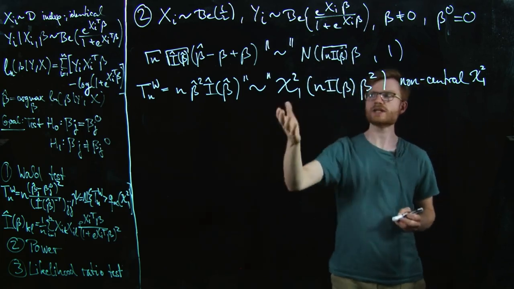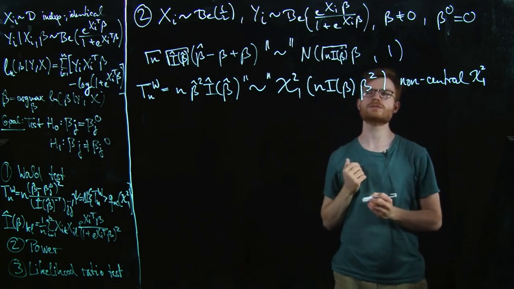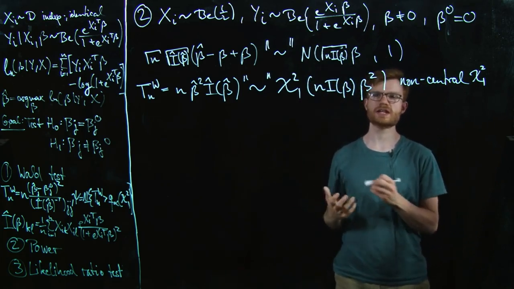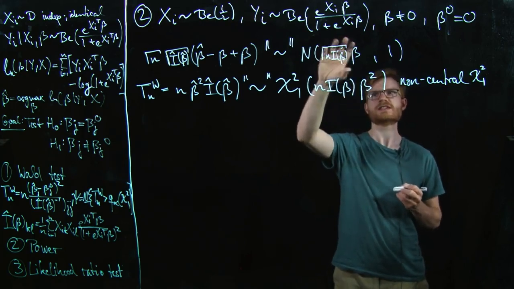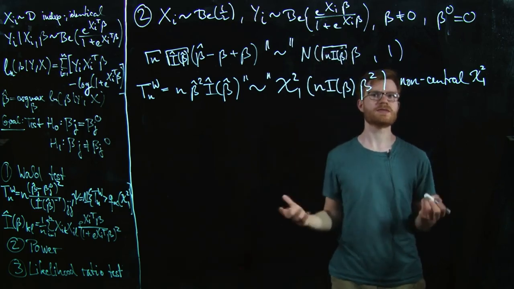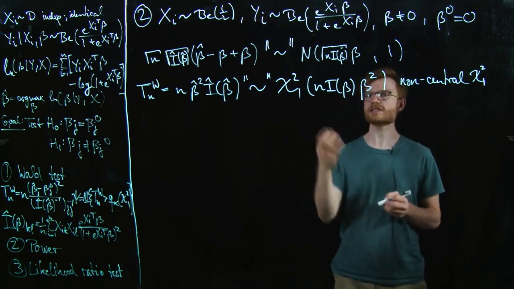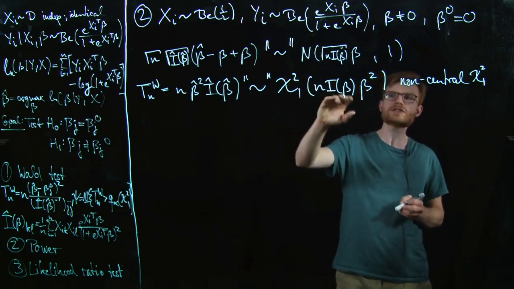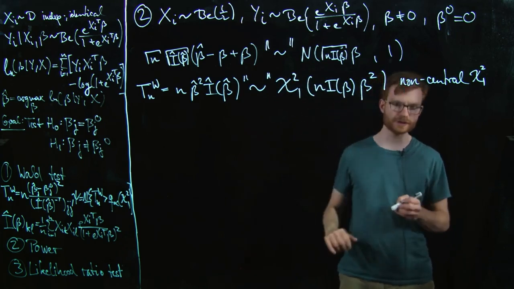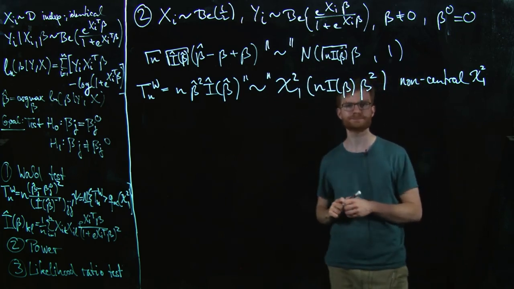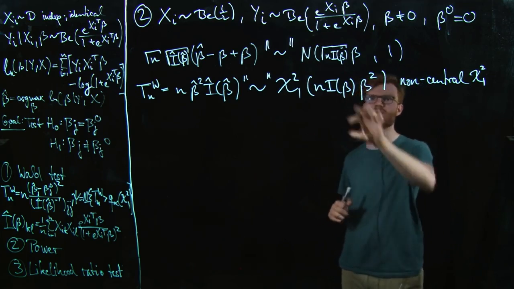So this chi-squared will have its distribution somewhat concentrated, or its mean will be 1 coming from the variance plus this mean squared coming from the mean contribution. In other words, this will be a distribution that's somewhat concentrated about n times information of beta times beta squared, maybe plus 1. But it has a huge chunk of mass there.